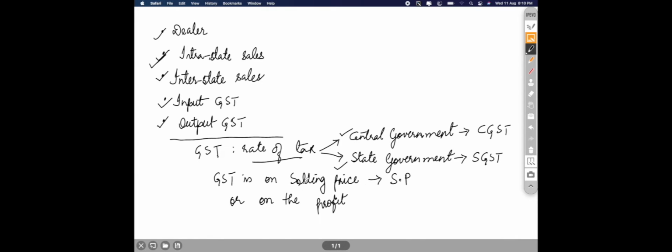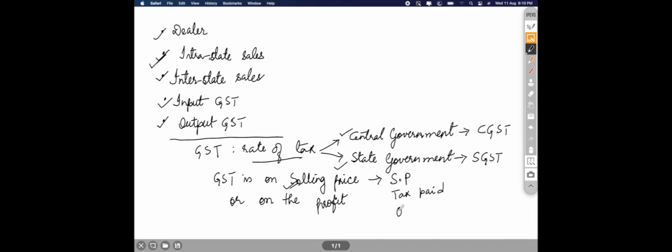Now, when a dealer purchases an article from a wholesaler, then the tax will be collected by the wholesaler and it will be calculated on the selling price, right? And when the dealer is selling the article to a consumer, again the tax will be calculated on the selling price of the article.